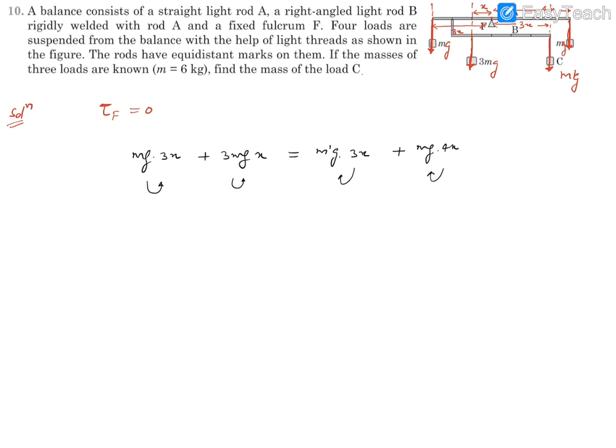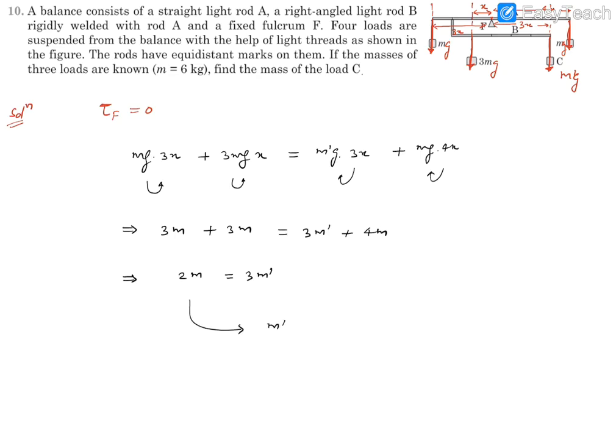Now we need to find the value of m dash. So g and x will get cancelled out. So this will be 3m plus 3m is equal to 3m dash plus 4m. Further simplification will say 2m is equal to 3m dash.